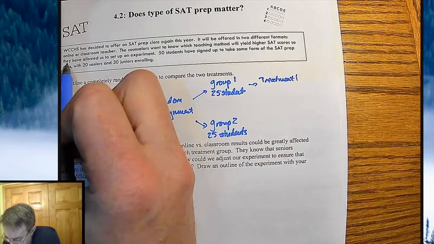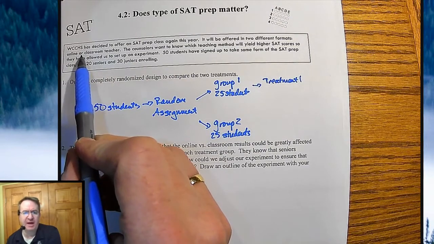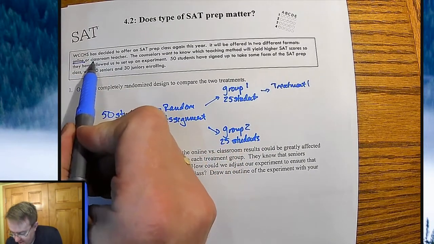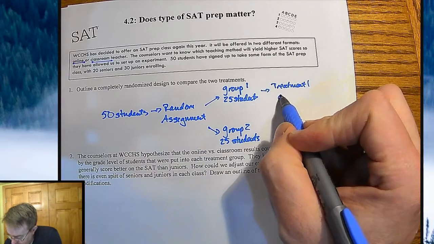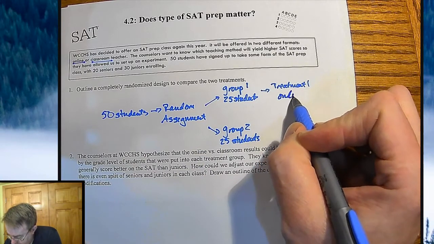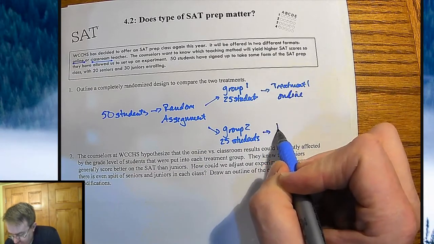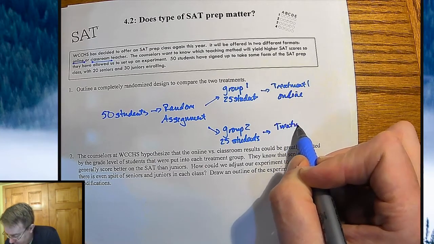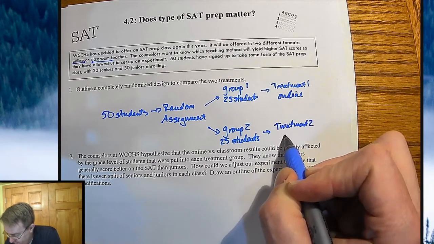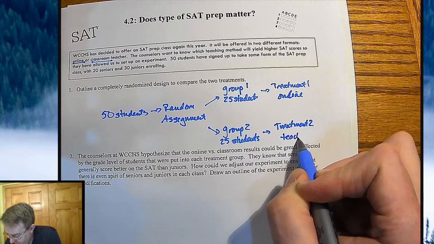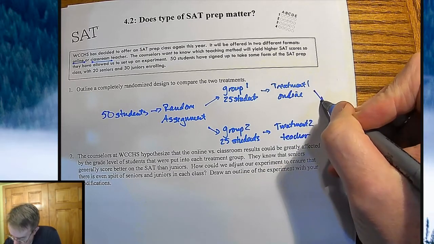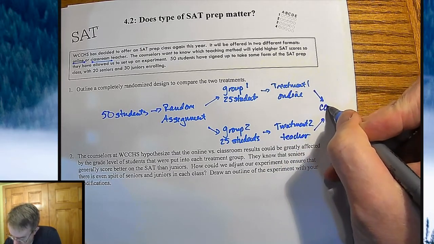And as I said last time, I tend to do it in the order that I have it so I don't amend it. So again, online, classroom. So treatment 1 will become online. Treatment 2 will be teacher. And then we are going to compare the scores.